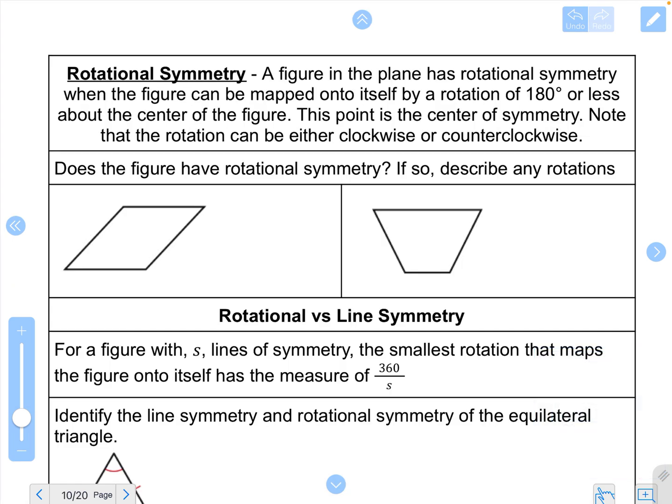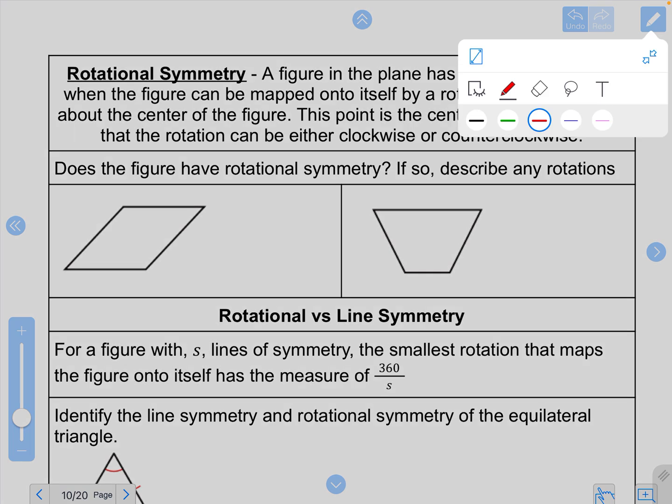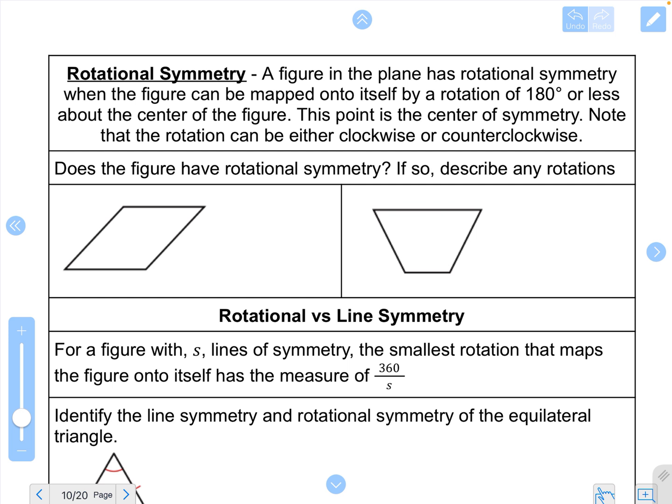All right, so today we're going to talk about rotational symmetry. So rotational means that we can rotate the figure, and as we rotate the figure, it's in the exact same place. The only way that they have rotational symmetry is if we rotate them 180 degrees or less, about the same point, and the figures are the same.